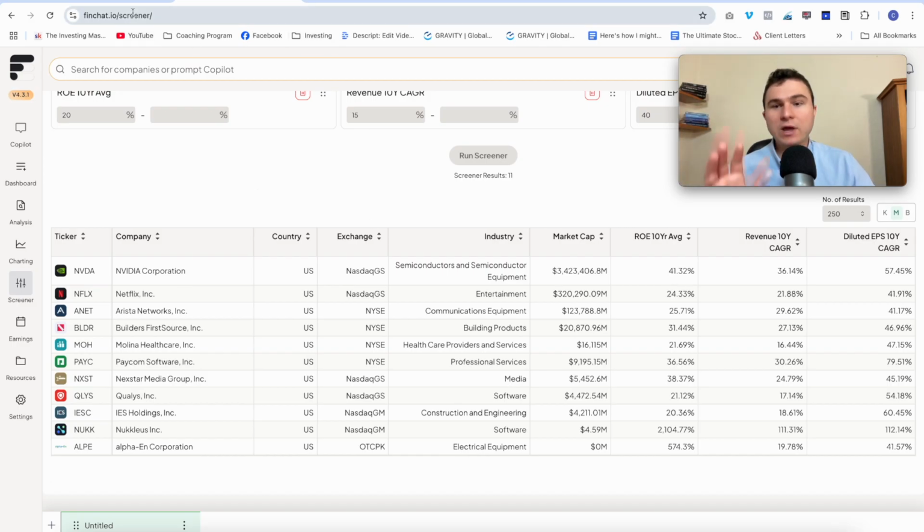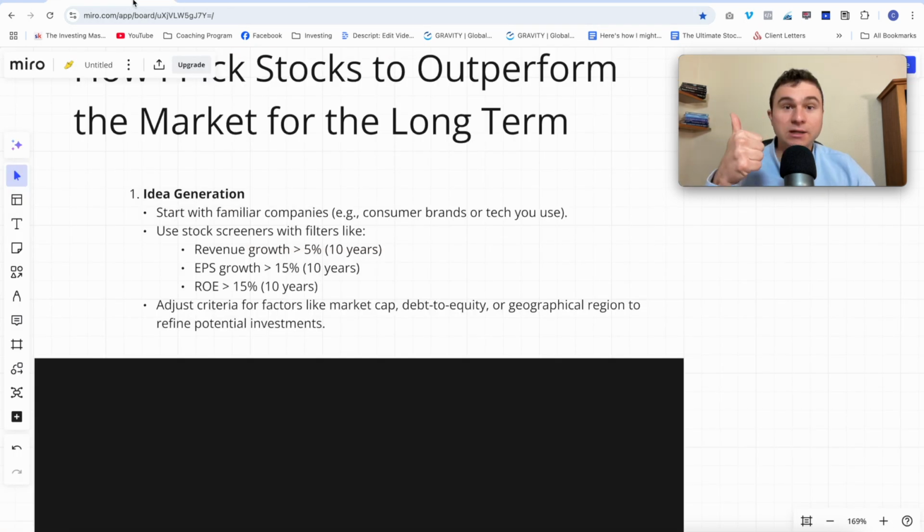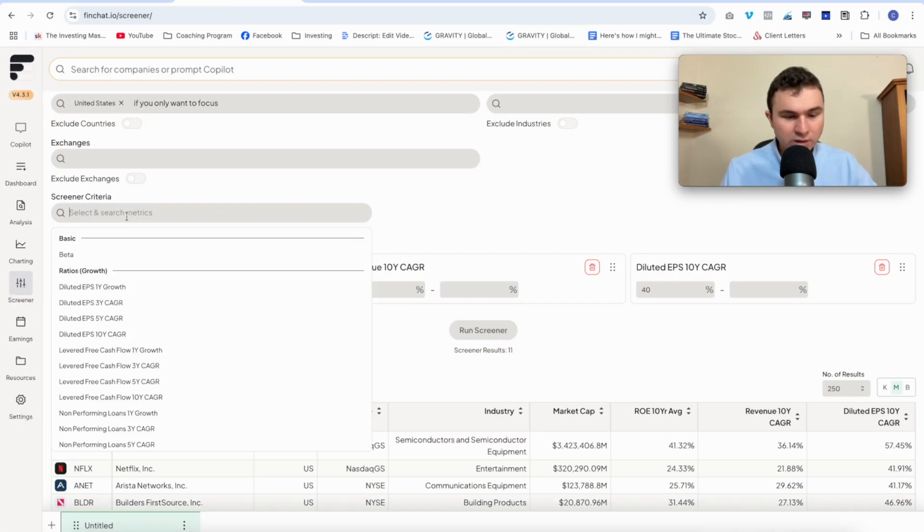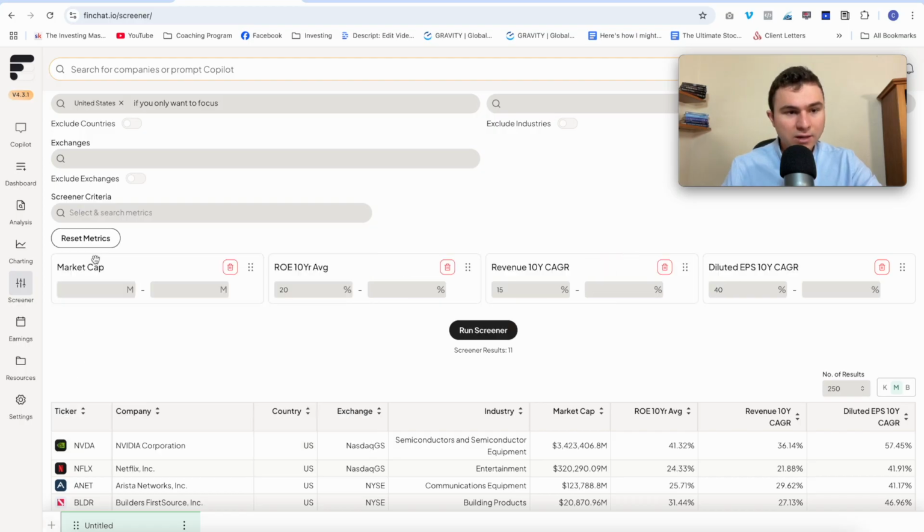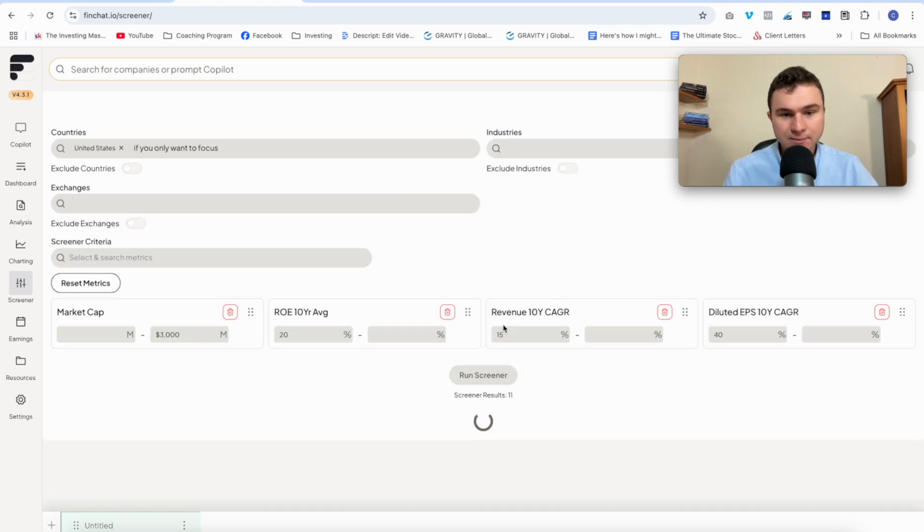So okay, for your idea generation, one, check the companies you know that you are customers, etc. Two, run a screener. That's very easy to do. Adjust criteria for factors like market cap. Yeah, you can adjust whatever you want. If you want to find the next Amazon when it's a small cap, a mid cap, a small company, you can just put here as a screener market cap here, and you put a threshold of $3 billion.